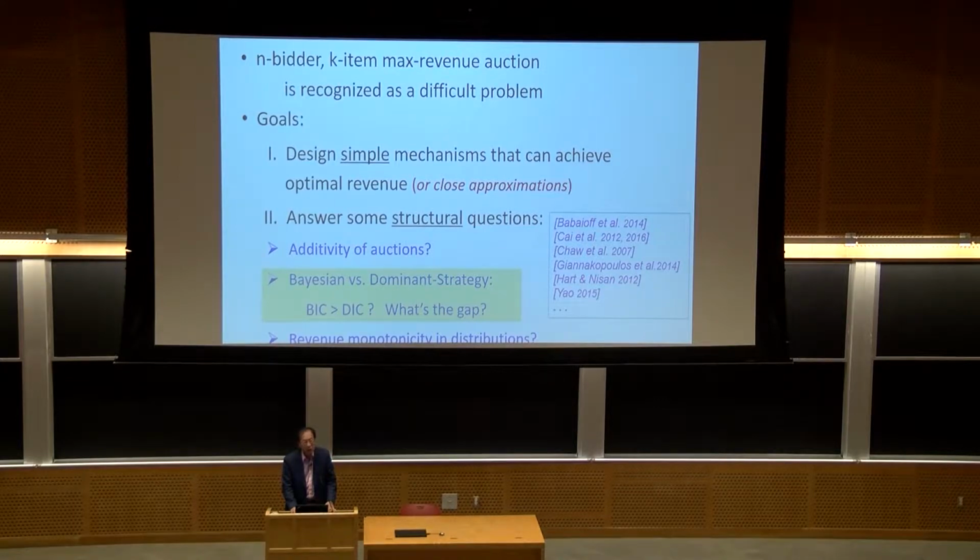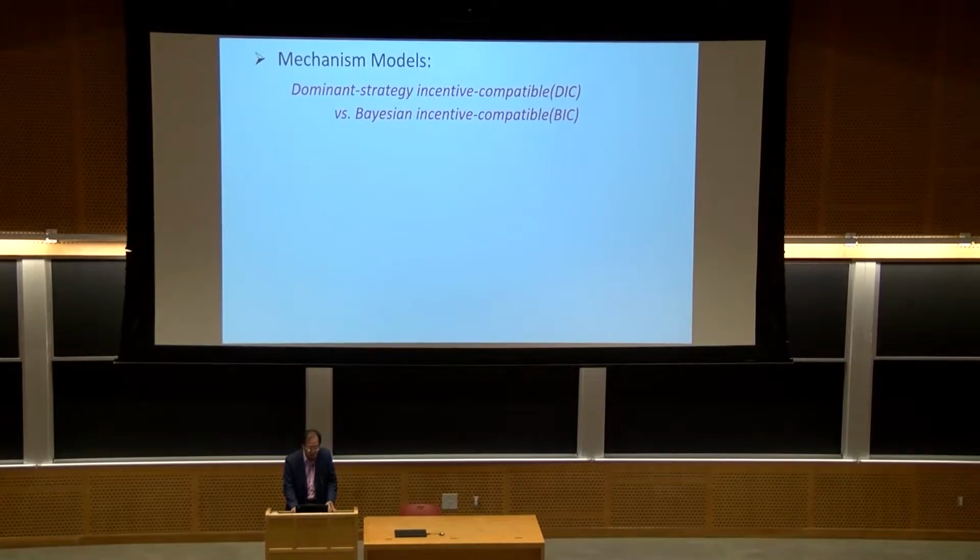And there's a lot of work done on this subject, many of them very beautiful and elegant, so I will not have time to go over them. So I just show an example of some of the work that has been done in this area. And so the question we are interested in is the dominant strategy incentive compatibility versus the Bayesian incentive compatibility.